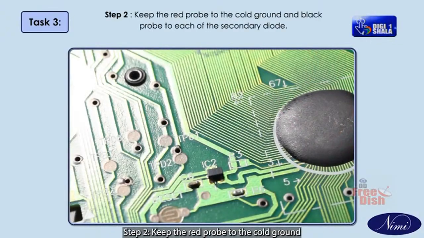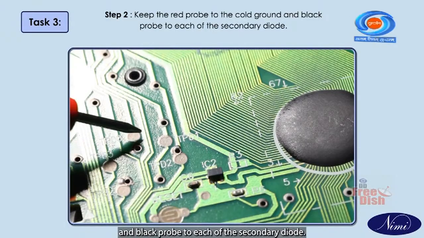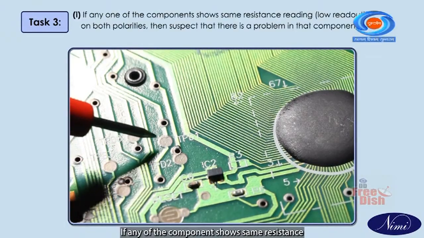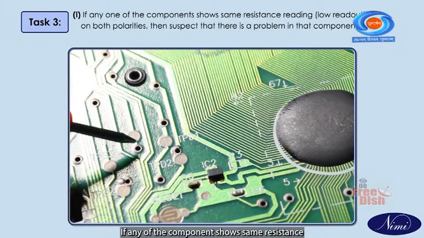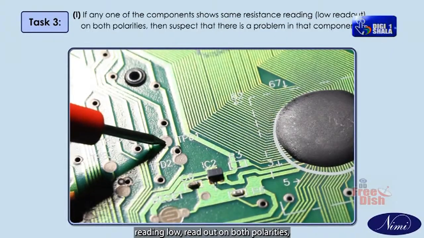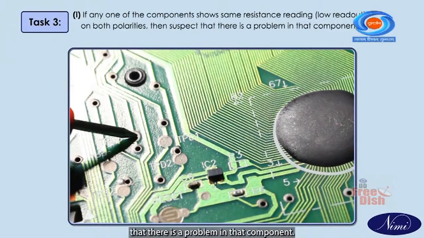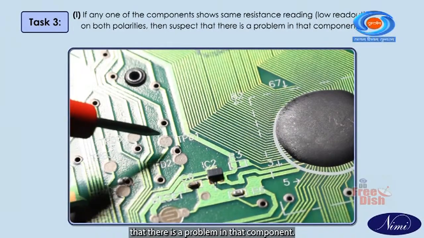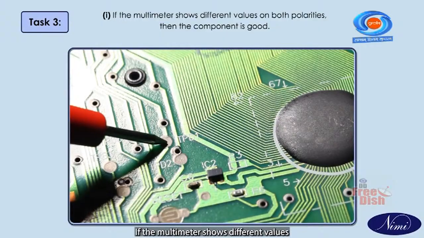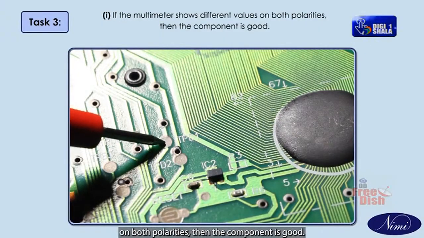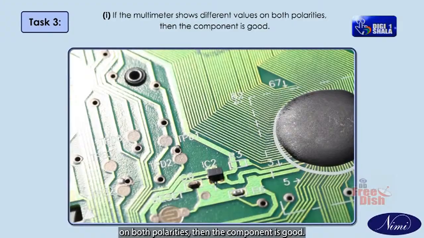Keep the red probe on the cold ground and the black probe on each of the secondary diodes. If any of the components shows the same low resistance reading on both polarities, then suspect that there is a problem in that component. If the multimeter shows different values on both polarities, then the component is good.